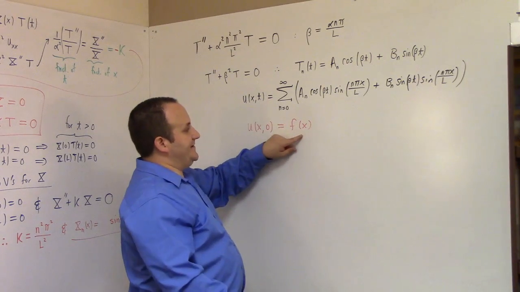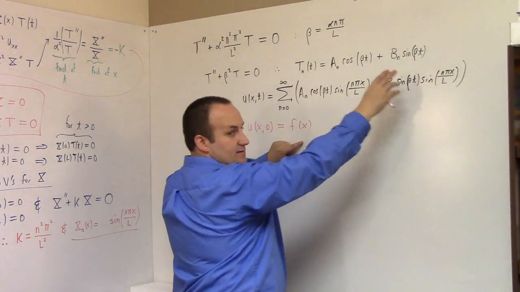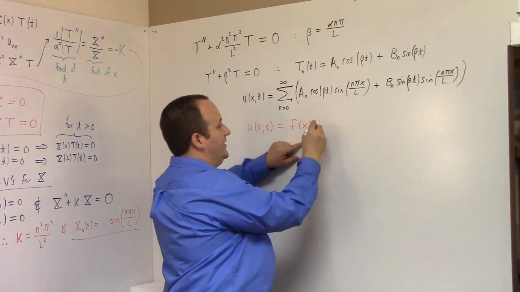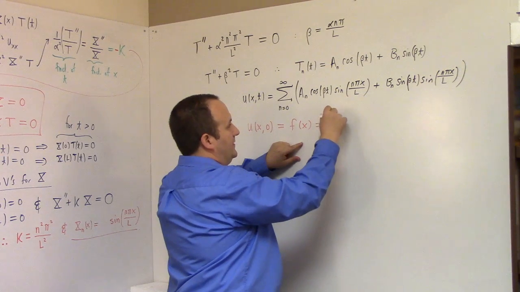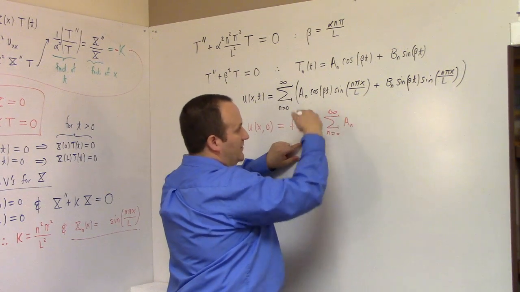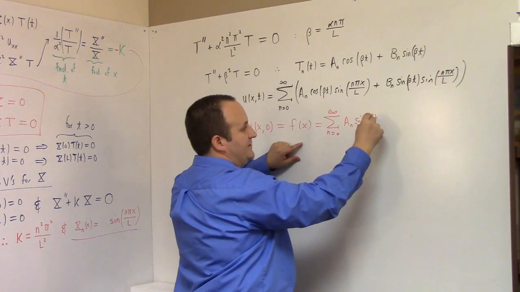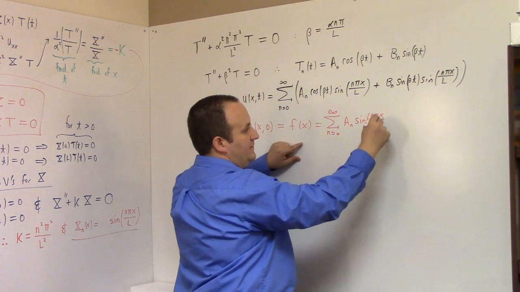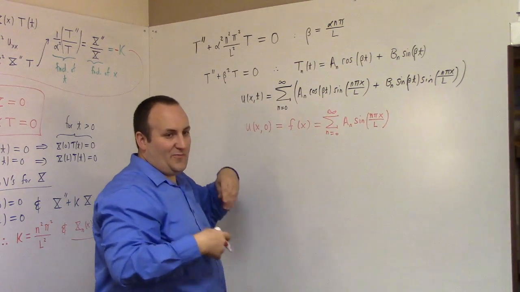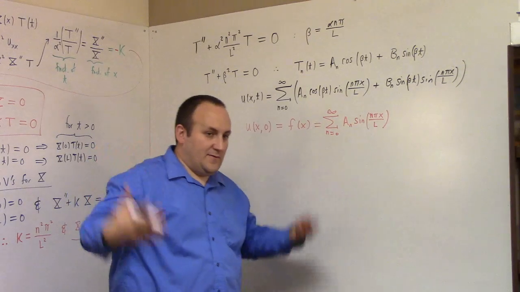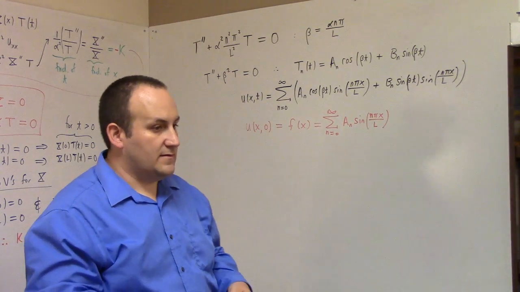So plug in 0 for t. What happens? Sine is gone, and what we've got is that this is the sum, n equals 0 to infinity, of a sub n, cosine of 0 is 1, sine of n pi x over L. I hope you start to have a sense of deja vu. This is almost the same thing that happened with the heat equation.